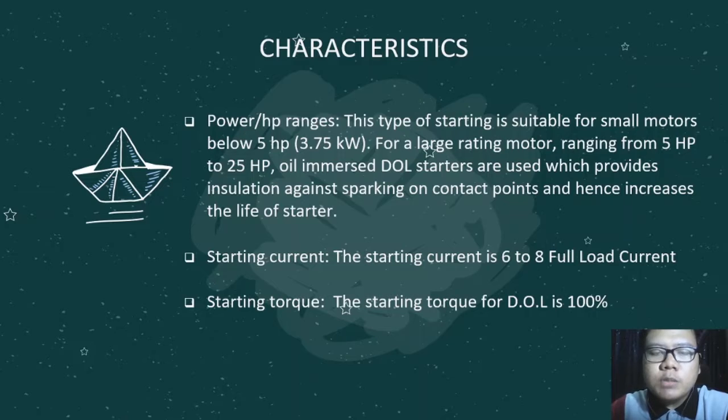We know that 1 HP is equal to 746 watts. For larger rating motors ranging from 5 HP to 25 HP, oil immersed DOL starters are used, which provide insulation against sparking on contact points and hence increase the life of the starter. The starting current for this DOL is 6 to 8 times full load current. The starting torque is maximum, 100%.